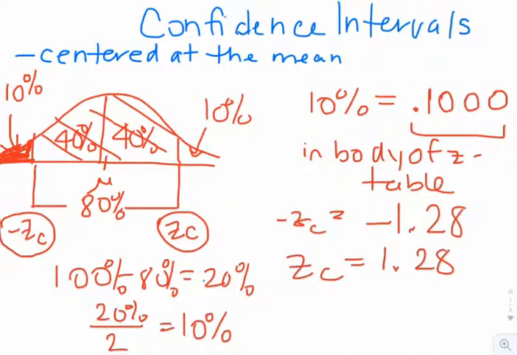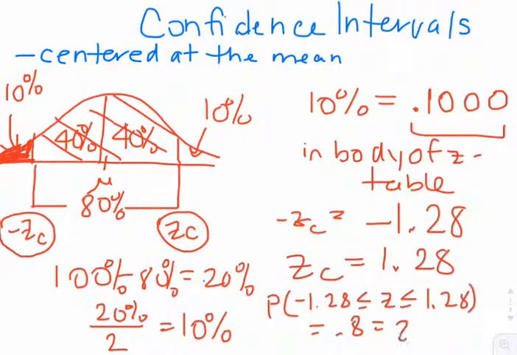So if I go and I look at values for z's between negative 1.28 and positive 1.28, that is 80% of the data. So the probability that you're between negative 1.28 and positive 1.28 is 0.8 or 80%.